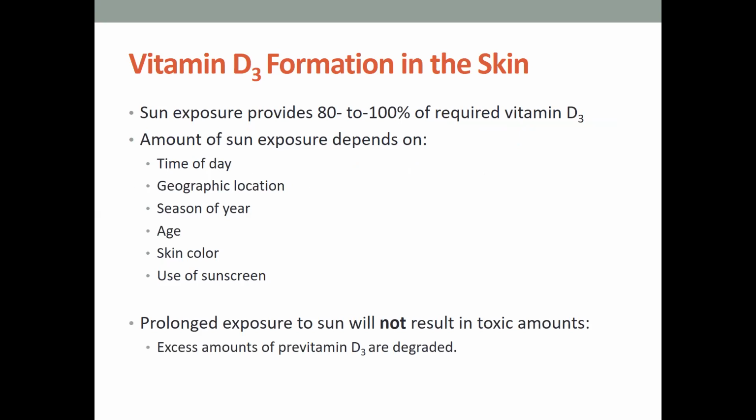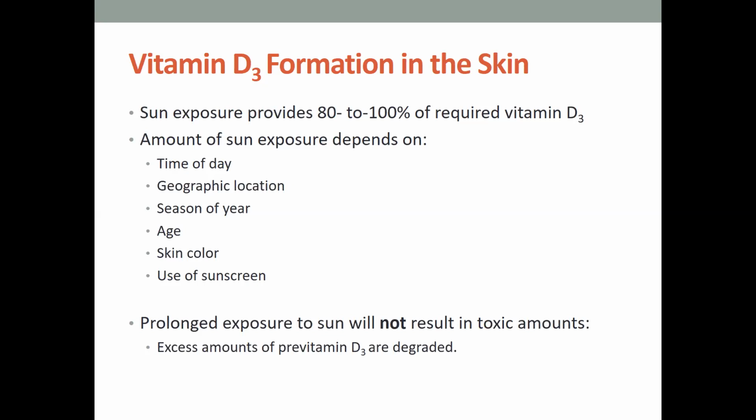Certainly, there are certain times of the day where we get more sun, and geographic location. Up here in the north, we don't get a lot of sun and it's farther away from us during the winter. Same thing with season of the year. We certainly get more sun in summer than winter.